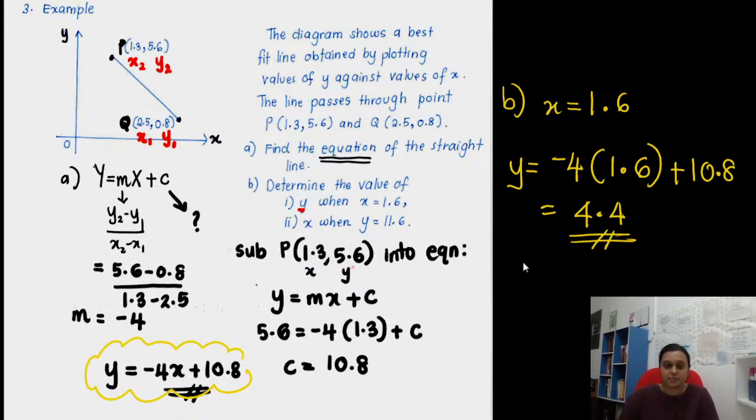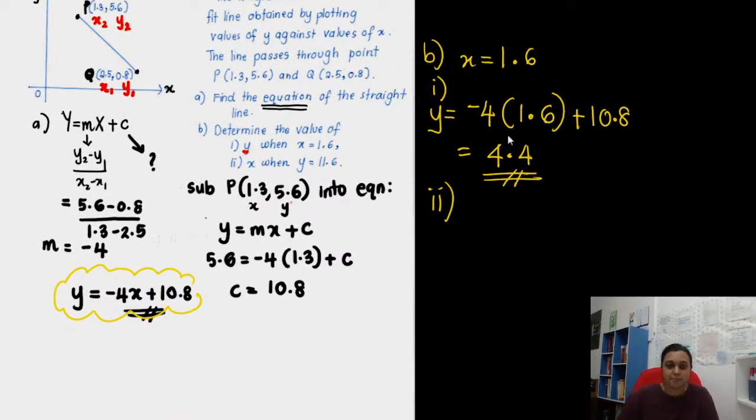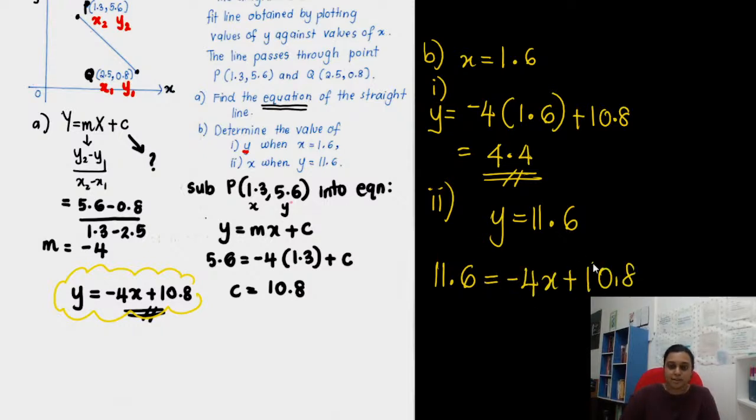Okay, another one B. So that's the first one. Okay, yang kedua, cari nilai x apabila y sama dengan 11.6. Okay, so now your y is 11.6. So we going to ganti this into the y. So negative 4x tambah 10.8. So the 10.8 you bring it to the back.